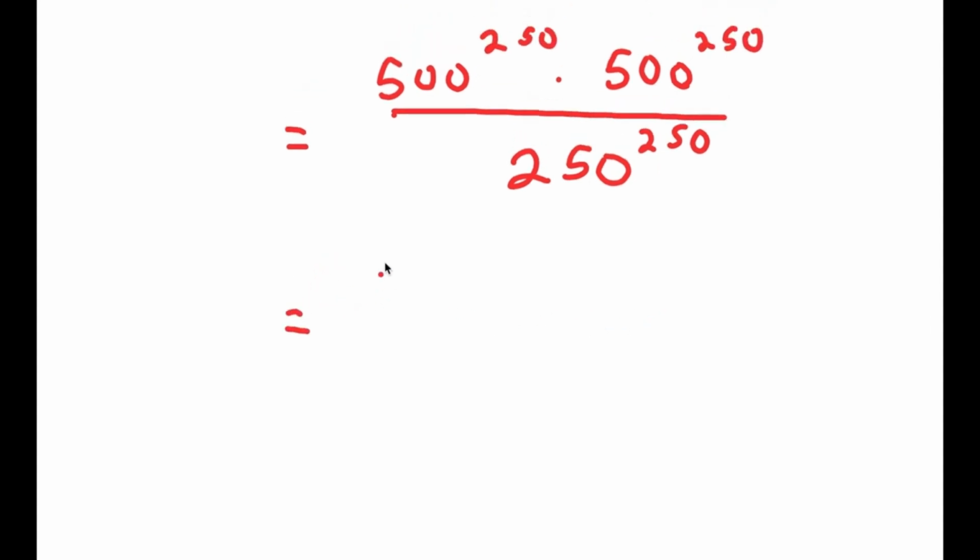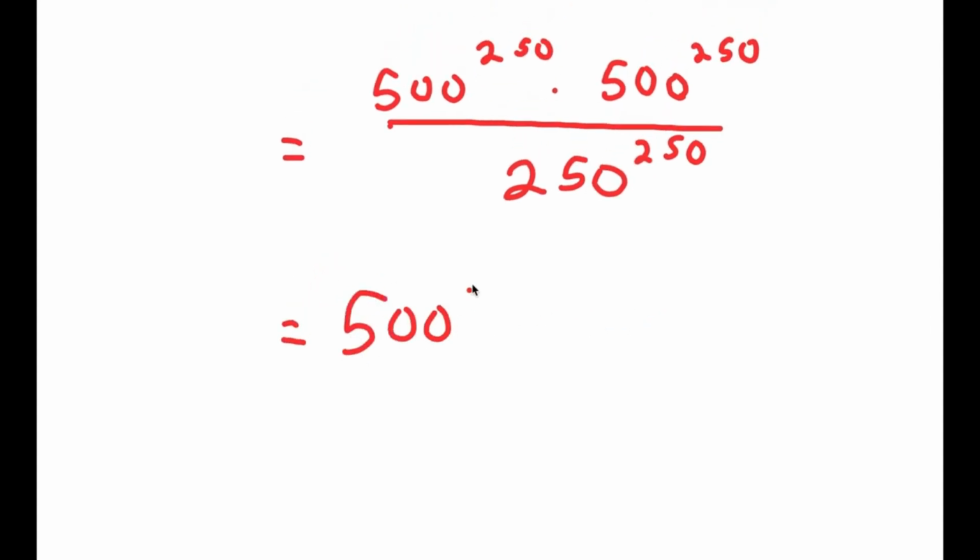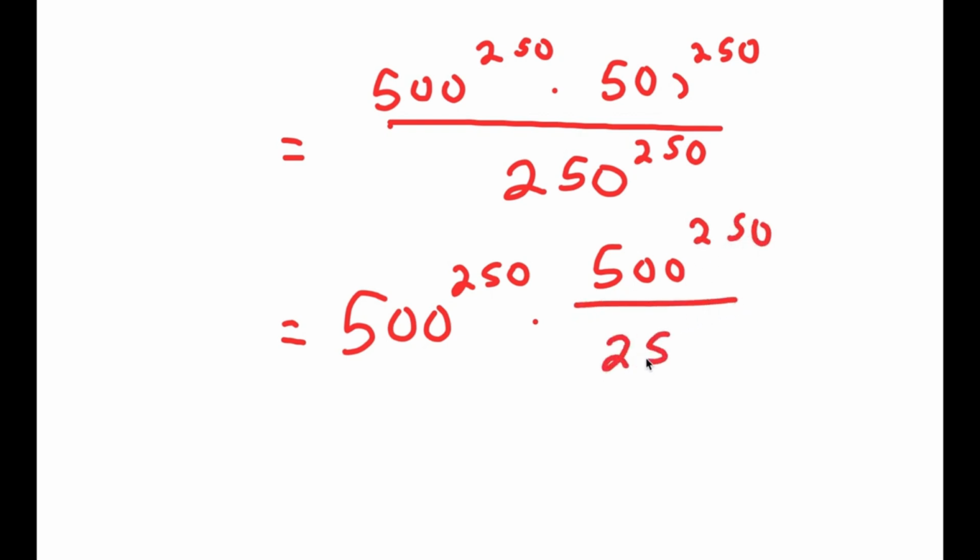Now this is the same thing as 500 to the power of 250 times 500 to the power of 250 over 250 to the power of 250.